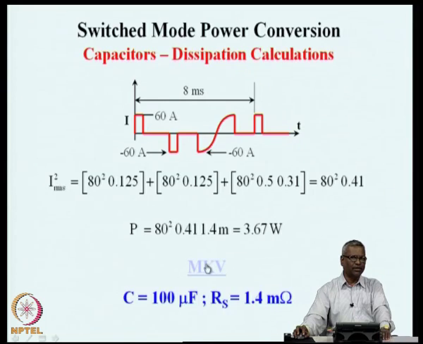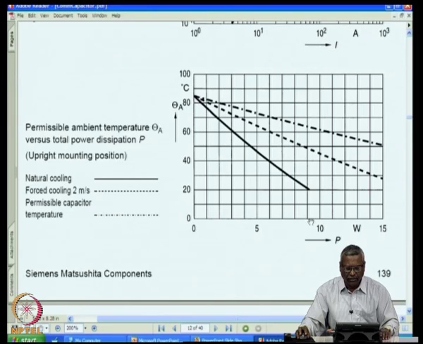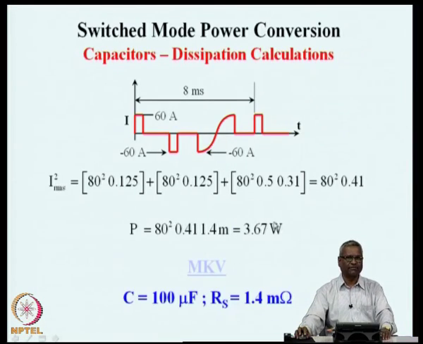For this particular capacitor, the power dissipation can be as high as 9 watts at 20 degrees or about 5 watts at 45 degrees.